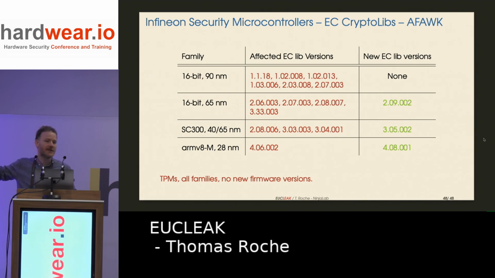So it's not an official statement from Infineon. It's just that we believe it could be interesting for the public to know what versions are affected by the attack and what are not. So we went over the certificates and extracted the different versions and put them there. Okay, and that's it for me.